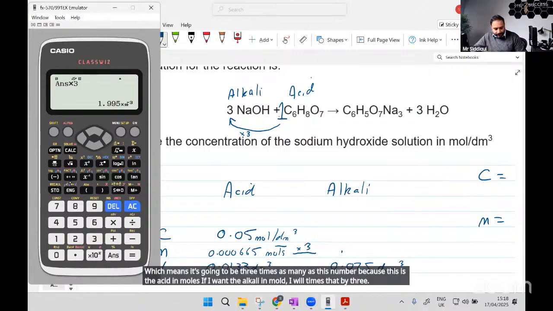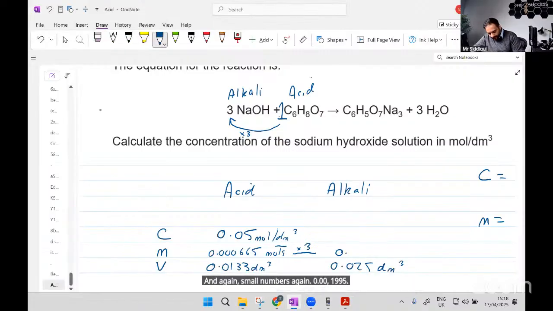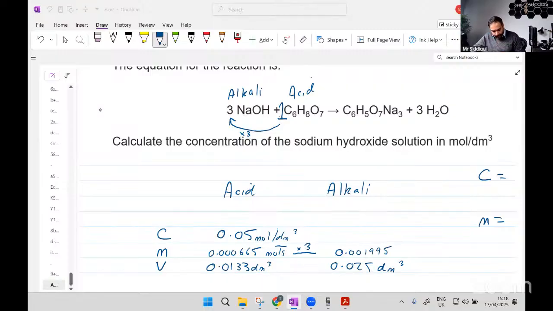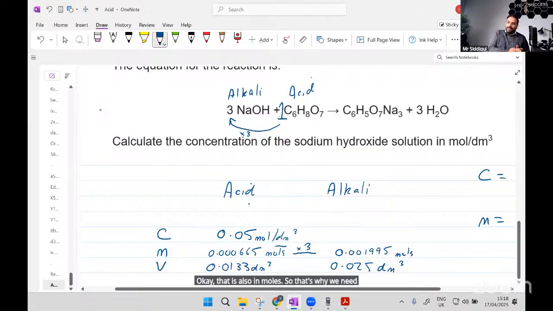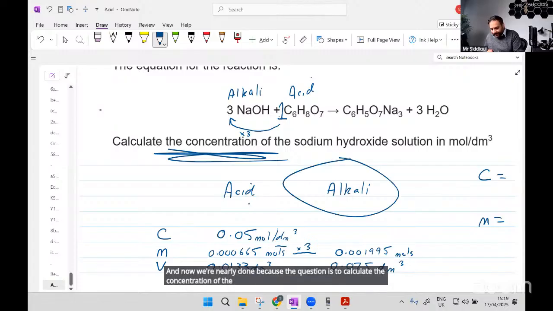And I get small numbers again, 0.001995. Okay, that is also in moles. So that's why we need the balanced equation to get from one to the next, right? That's why we need it. And now we're nearly done because the question is to calculate the concentration of the sodium hydroxide, which is the alkali.